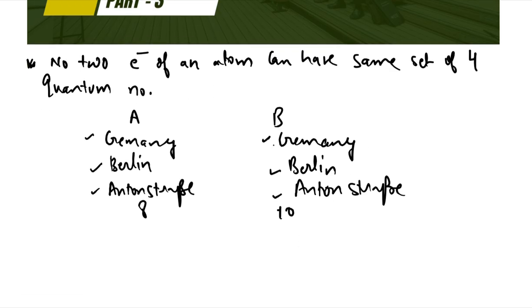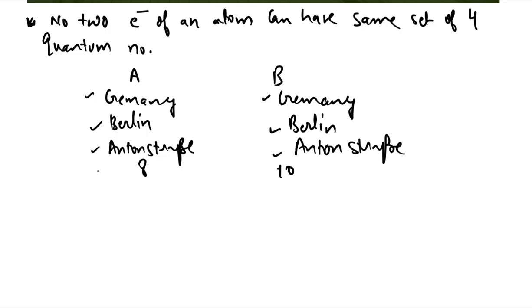Now if you try to understand this in terms of chemistry, consider carbon. The number of electrons in carbon is 6. So the electronic configuration is 1s2, 2s2, 2p2.